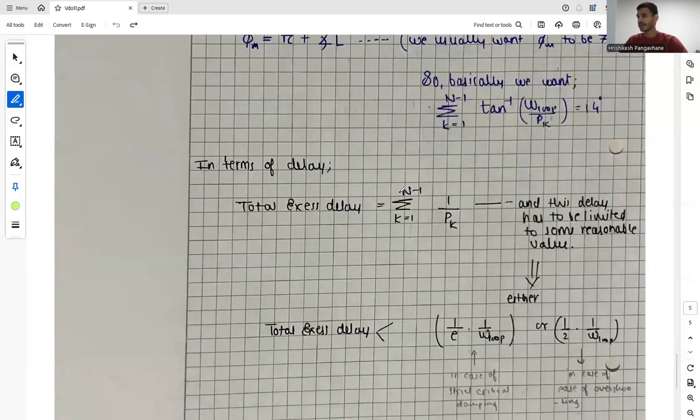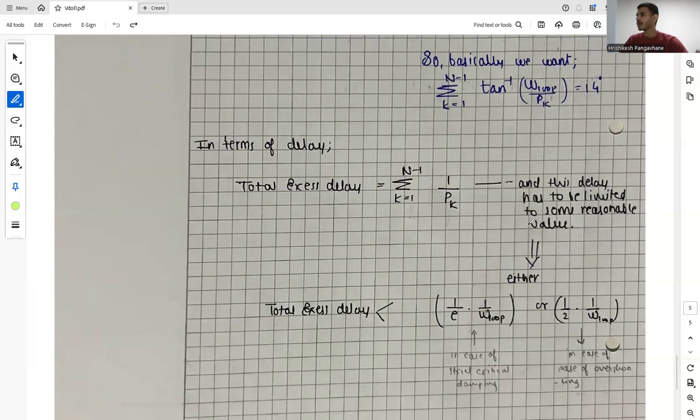In terms of delay, the total excess delay is nothing but the summation for k equals 1 to n minus 1 of 1 upon p_k, which is the total delay introduced, and this delay has to be limited to some reasonable amount in order to make our system stable.